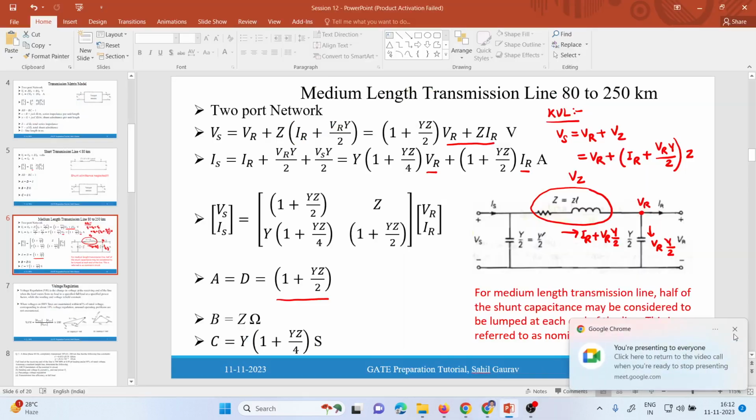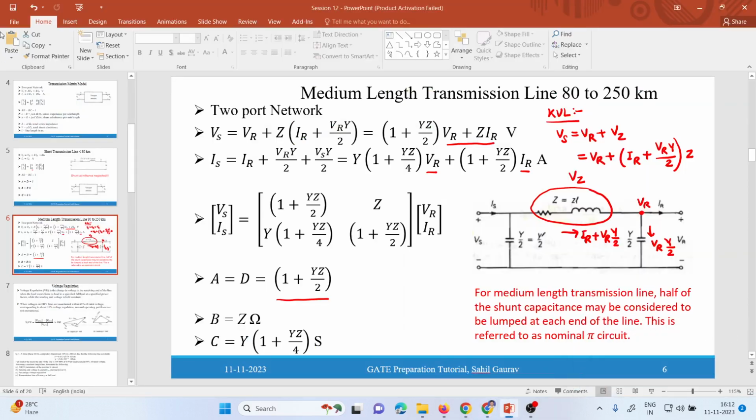Hello, sir. If the formula will change with frequency, then how can we tackle this problem? No, no, the formula will not change. For medium length transmission line, it is specified that you have to use the nominal pi circuit. So the formula will not change. But he was asking how we classify short length, medium length, and long length transmission lines.